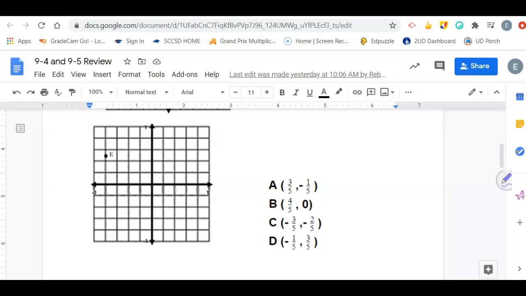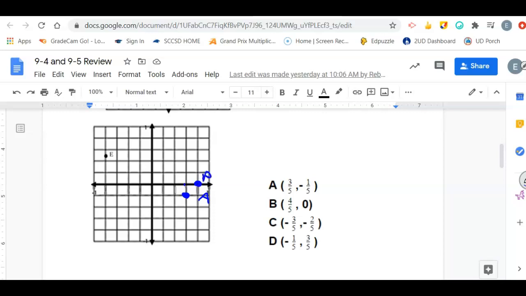So A, we have 3/5, negative 1/5. Here it is. The point B is at 4/5, 0. 1/5, 2/5, 3/5, 4/5, 0.